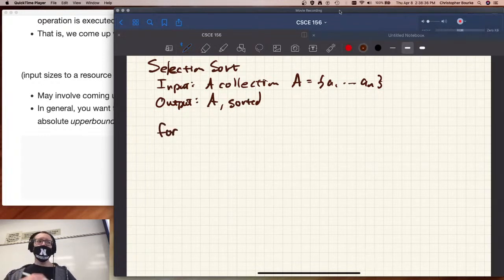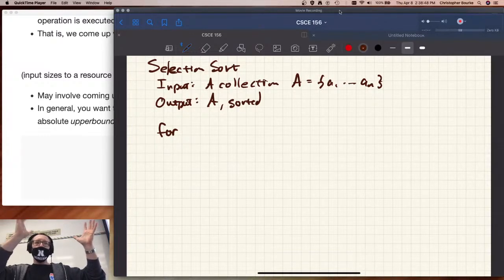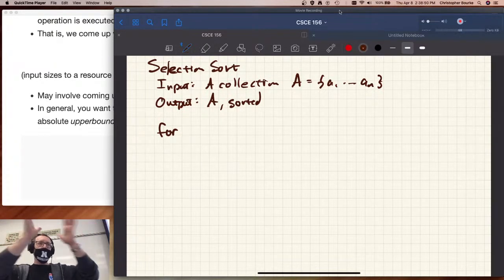That process that I just described was kind of 2 loops, right? For the list starting at the first element, find the minimum, put the element there. That's 1 loop. The next iteration, you start at the second element and find the remaining minimum element.